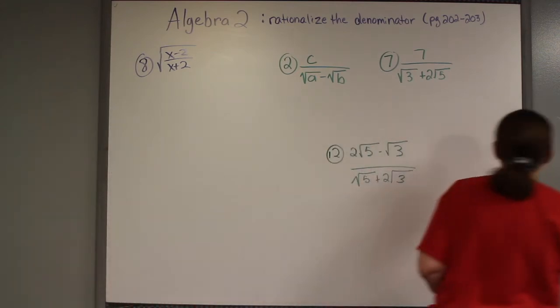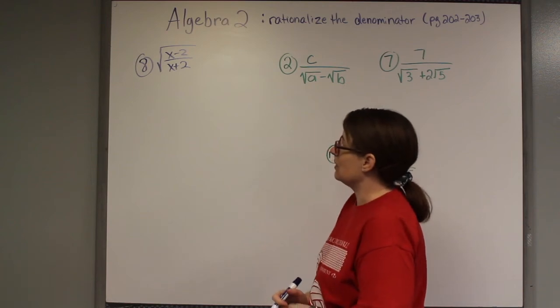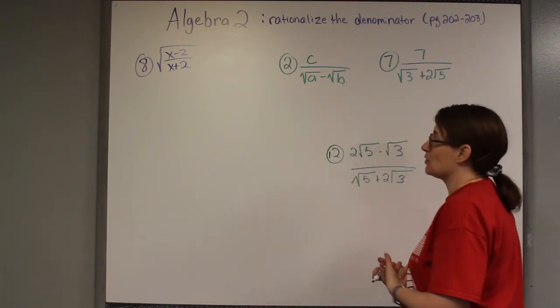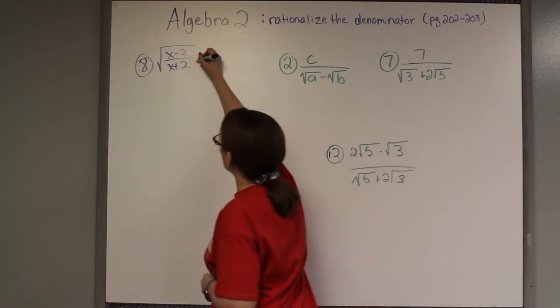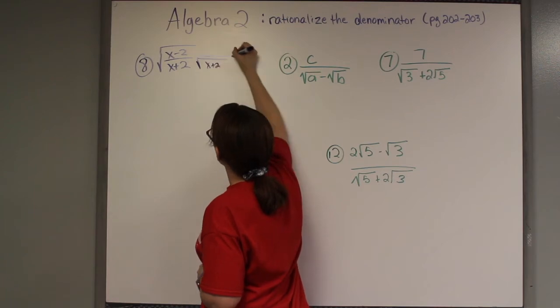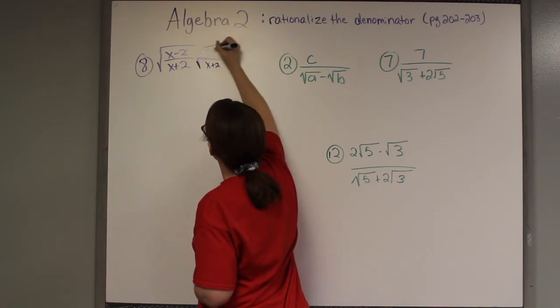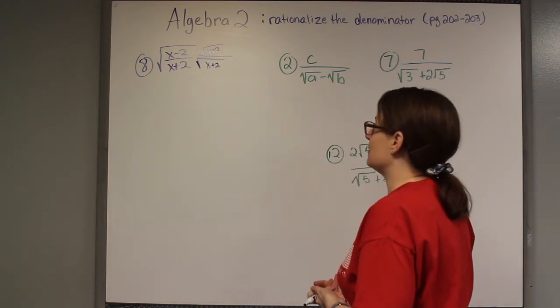Okay, so problem 8 is x minus 2 and x plus 2, and it is a square root. There's no number out here, so it's a square root. So on the bottom, I want to multiply by x plus 2, and on the top, I want to multiply by x plus 2. That way we can get rid of the radicals there.